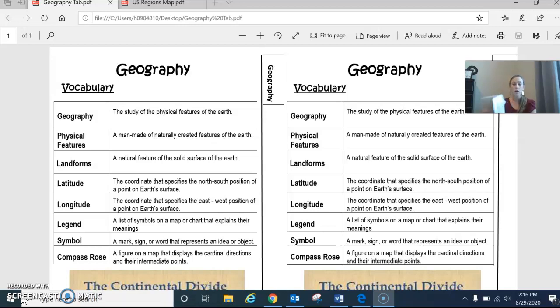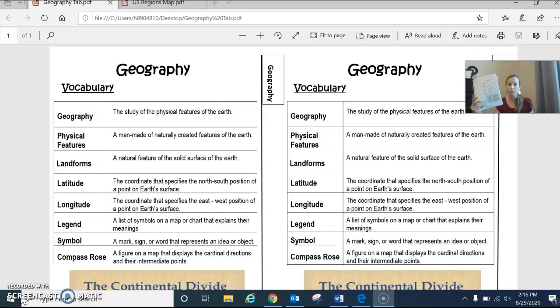I have one of my notebooks here labeled Social Studies ISN, Interactive Student Notebook, and I'm going to take that page and take my glue stick and glue it. I want you to see how, when I glue it, I'm going to have that tab stick out of my notebook just a little bit so I can see that this is the geography section in my social studies notebook.